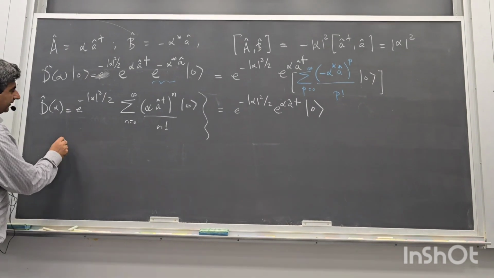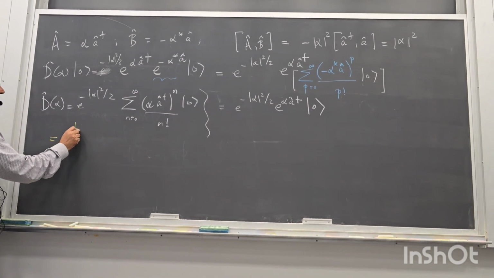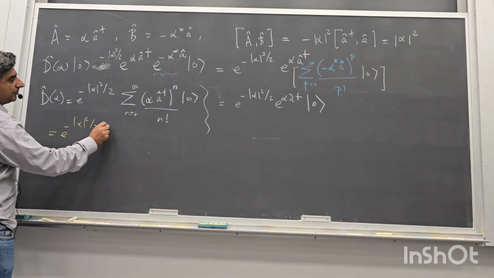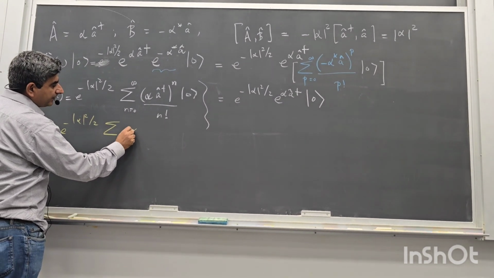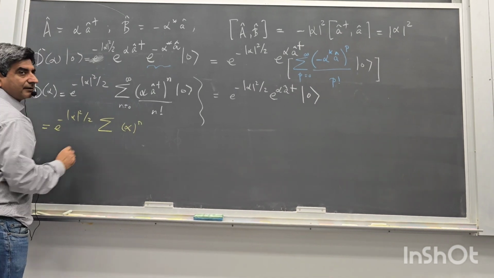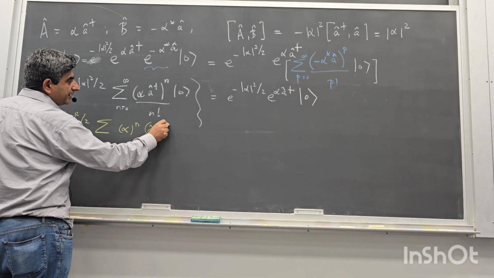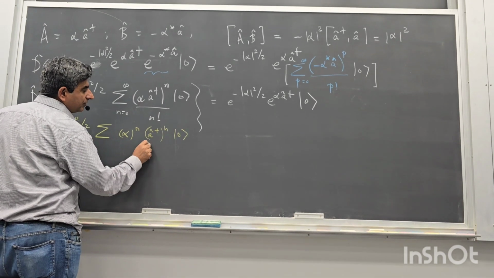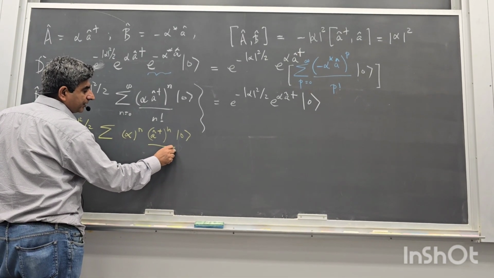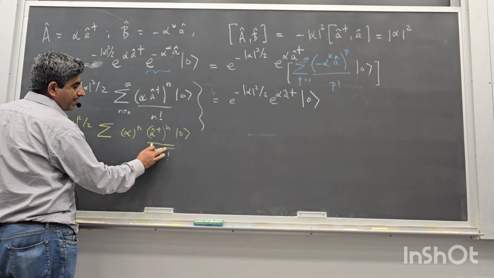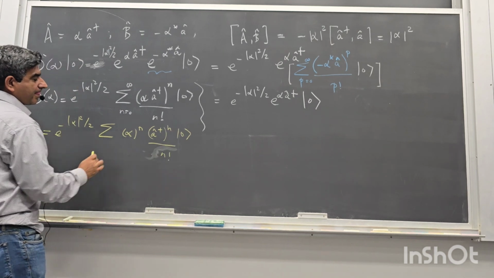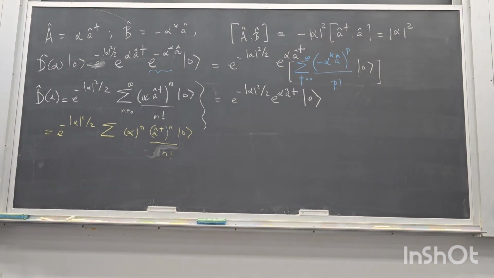So this is e^(minus alpha mod square over 2) times alpha raised to power n and A dagger raised to power n acting on 0 over n factorial. Isn't this the coherent state?